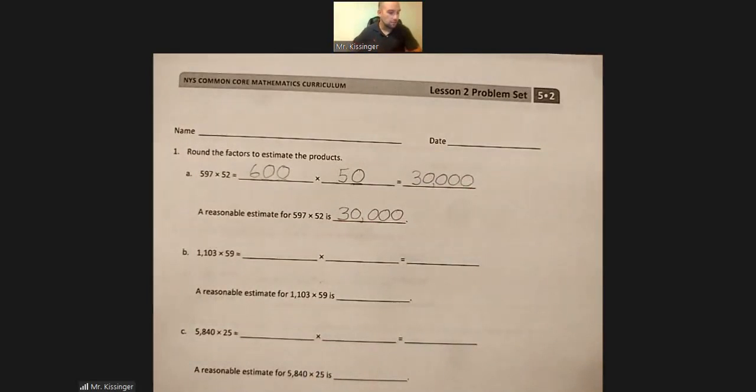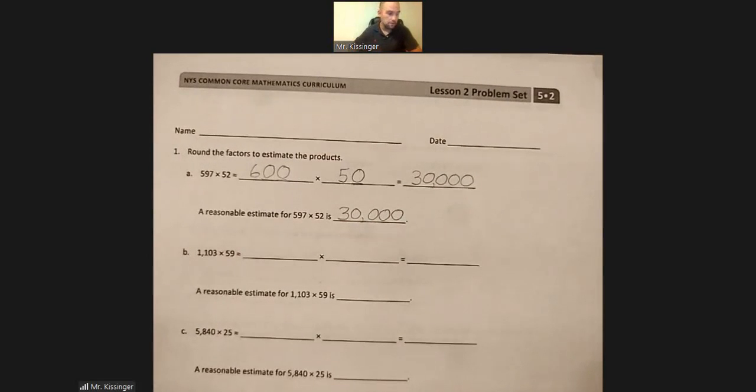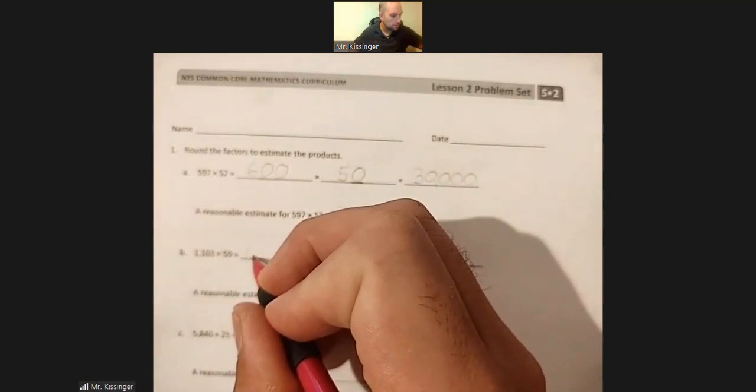All right, let's look at the next one here. So we have 1,103 times 59. So we could do this a couple different ways. Our 1,103, we could round that to 1,000.